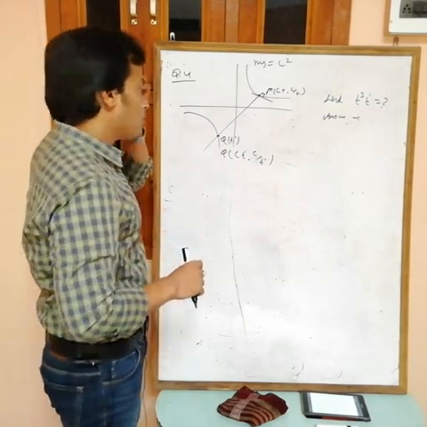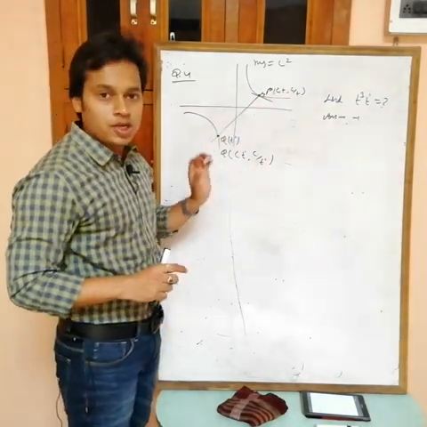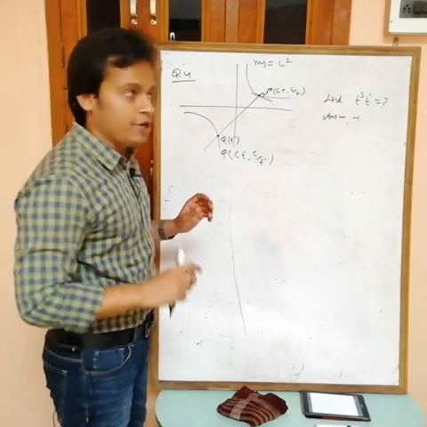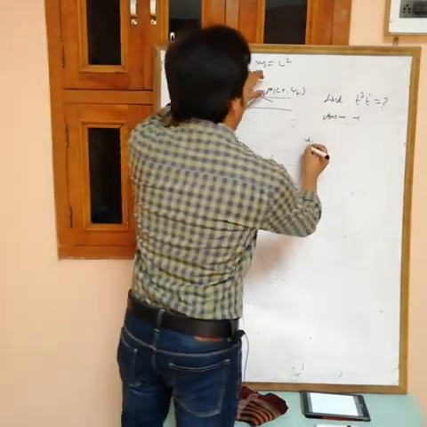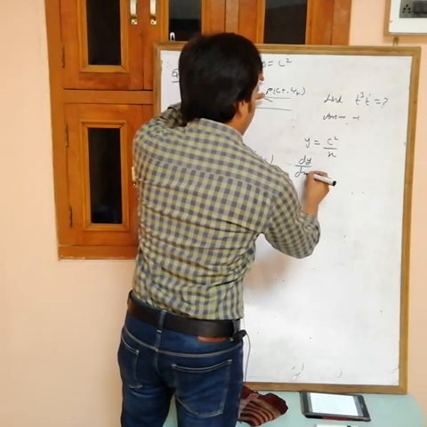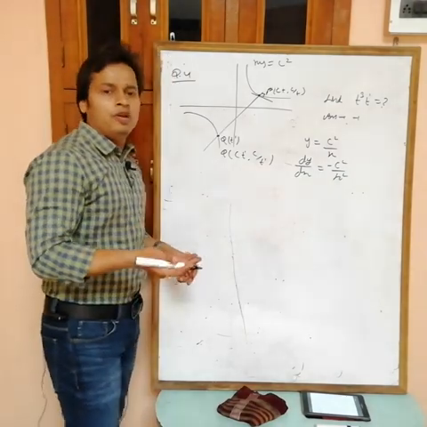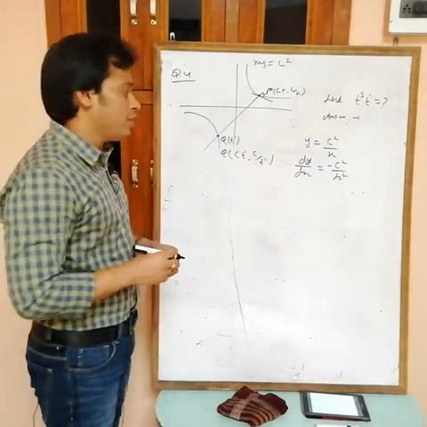So I can find the slope of this normal by using two methods: one is (y2 minus y1)/(x2 minus x1), and the other by using dy/dx. First I am finding dy/dx: y equals c square by x, then dy/dx is equal to minus c square by x square. C square is constant, differentiation of 1/x is minus 1/x square.